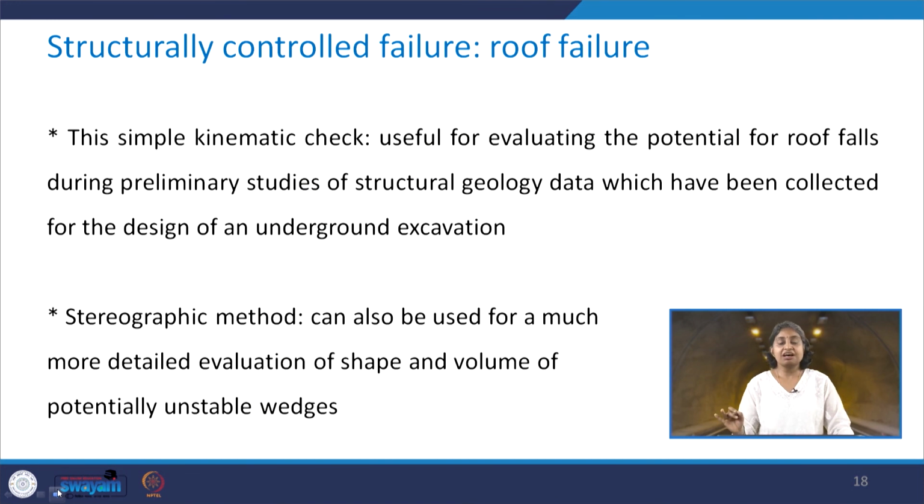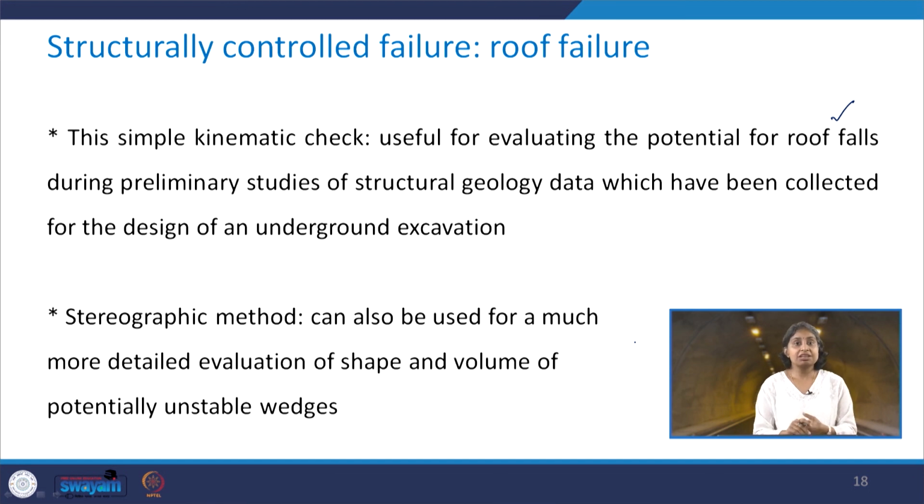This is a simple kinematic check which is very useful for evaluating the potential for roof falls during the preliminary studies of structural geological data collected for the design of an underground excavation.